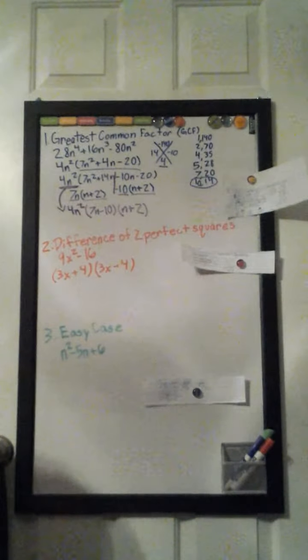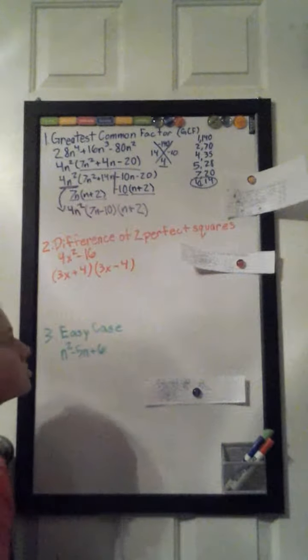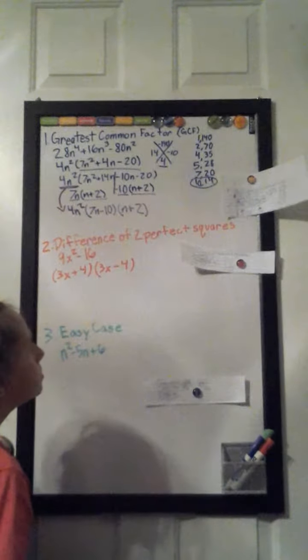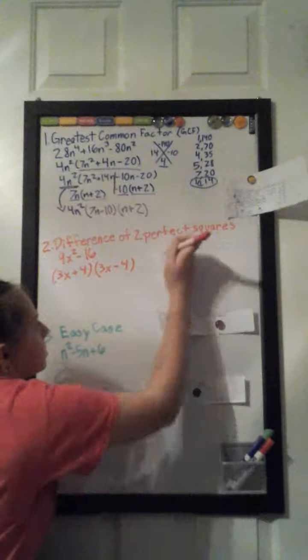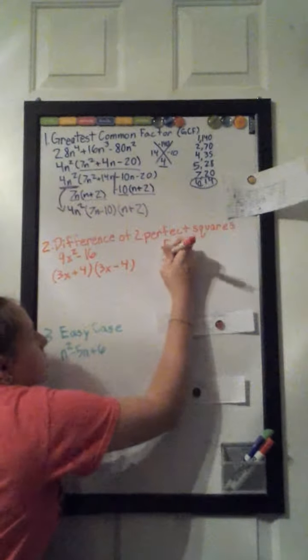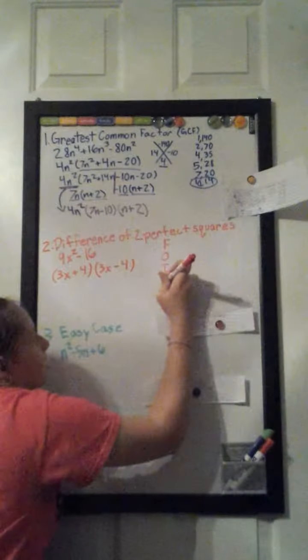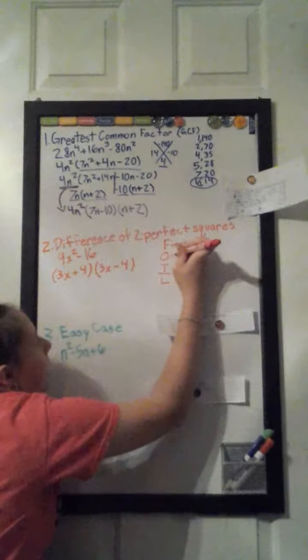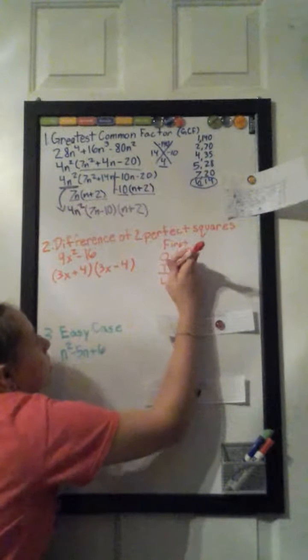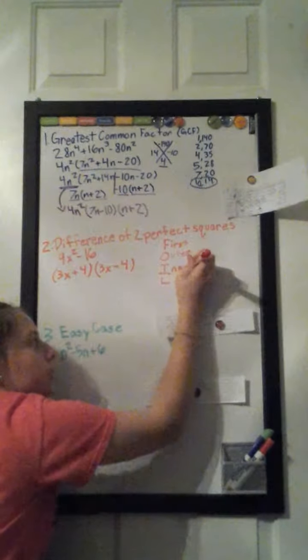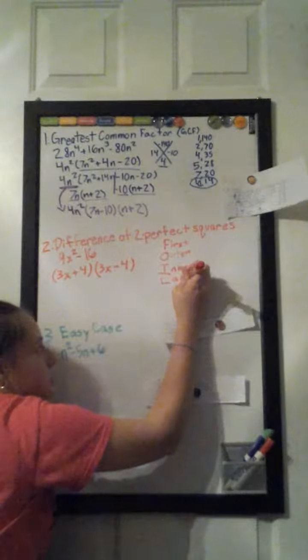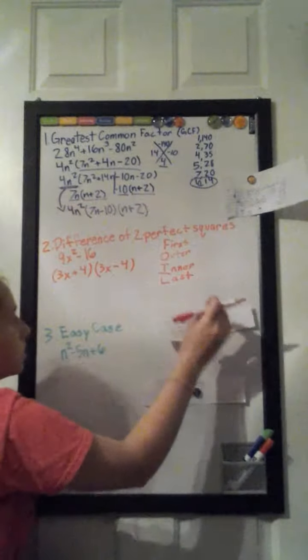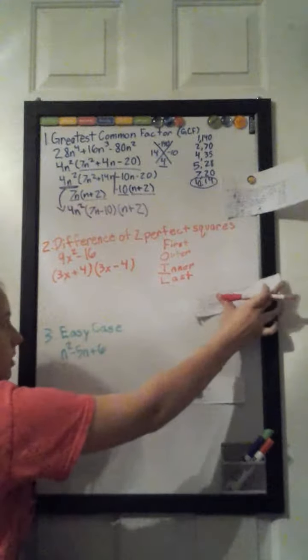To make sure your answer is right for this one, you use the FOIL method. The FOIL method goes first, outer, inner, last. So that's what we're going to do here.